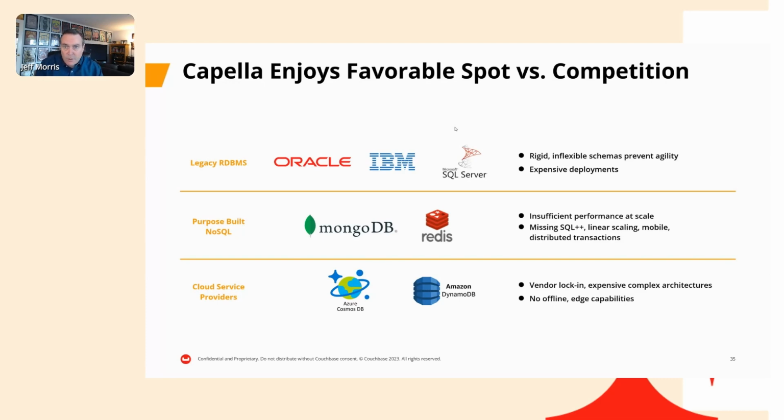They're a document store, they're a key value store, they're a search mechanism. They don't necessarily have performance at scale, as I showed you earlier. They don't have the ease of development, like using SQL++ as the query environment. And they're missing other key elements like mobility in many cases, or distributed transactions in many cases.